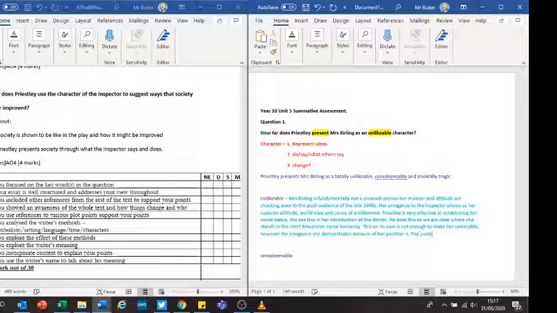The audience, and it is audience, not reader, because it's a play. Just little things like that, there's all the difference between the sort of a 4 and a 5 and going up to the higher grades.